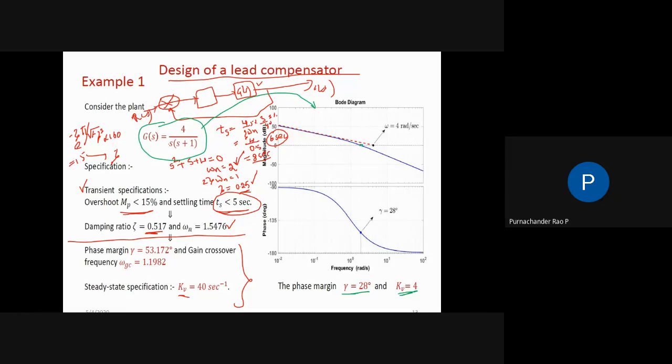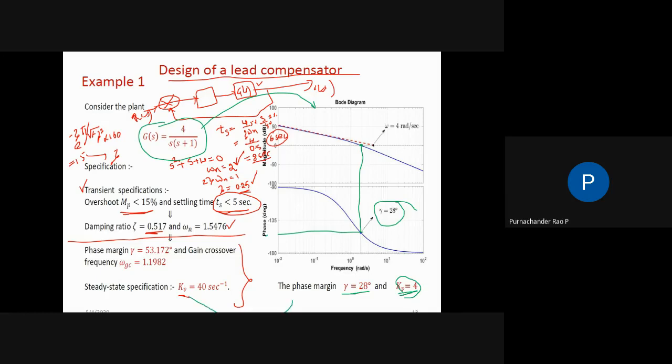So at this 0 decibels, you drop a line here, and this point is your phase margin. So the phase margin will be 28 degrees, occurring at a certain frequency, and the value of Kv is equal to 4.